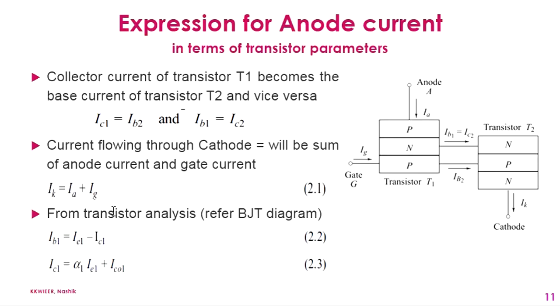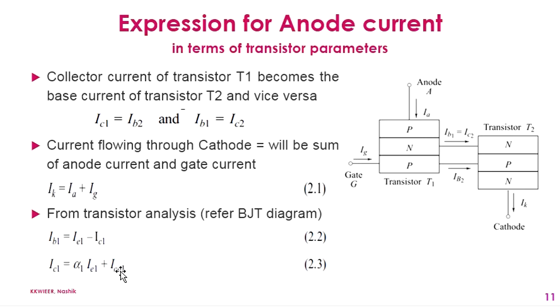But we have the relation of a transistor, refer to the BJT diagram, collector, base, emitter, where the base current is equal to emitter current minus collector current, right? So IB1 is equal to IE1 minus IC1, and we know that IC1 is equal to alpha 1 IE1 plus ICO1, where ICO1 is the reverse leakage current of the reverse biased junction J2 when the two outer layers are not present.